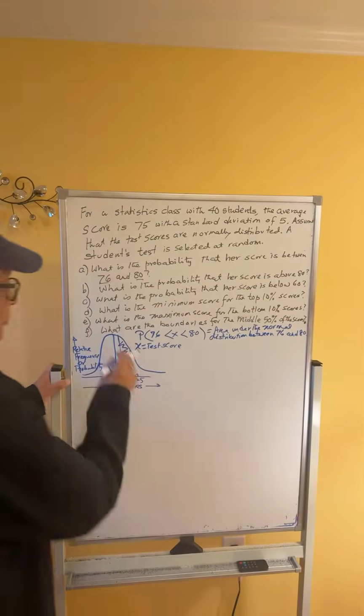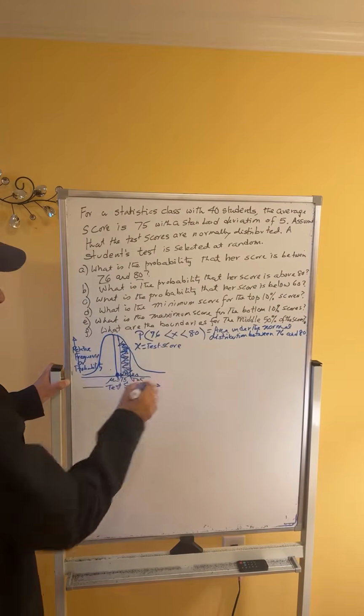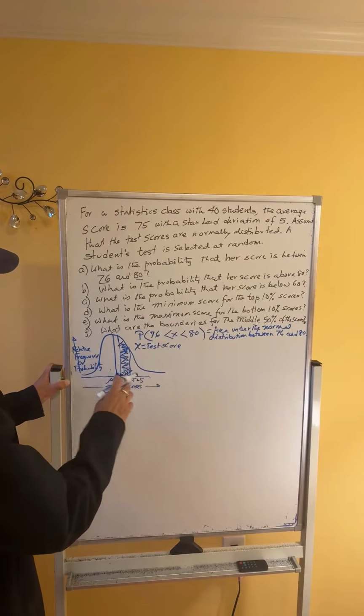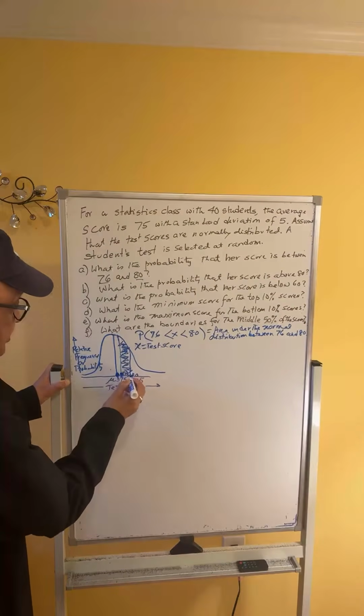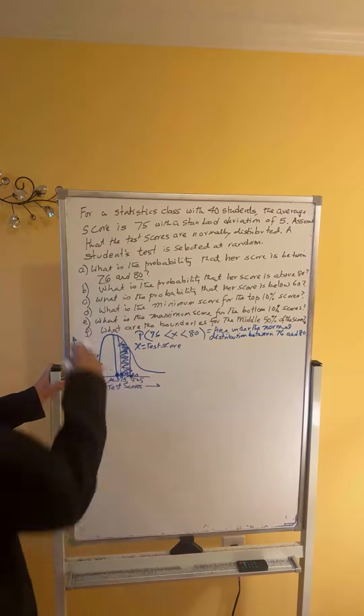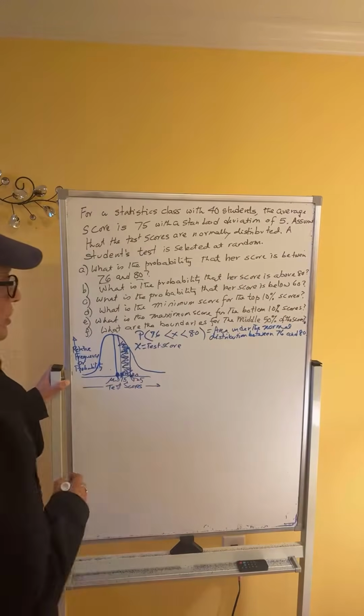I have to find the shaded area under the bell-shaped curve between 76 and 80. This boundary is 76, this is 80. We draw two vertical lines to meet the probability histogram and find the area under the curve.